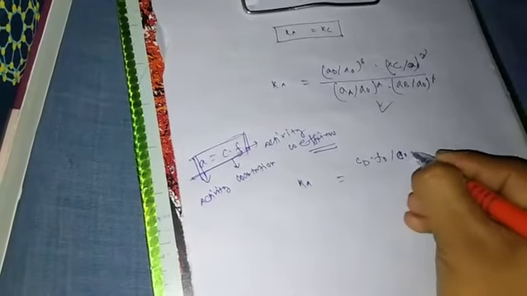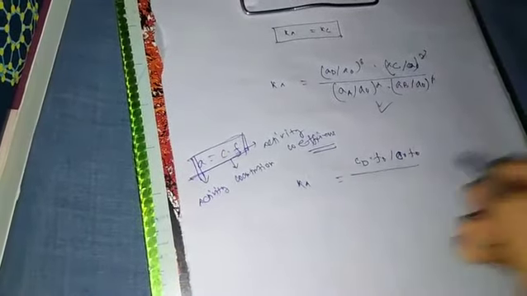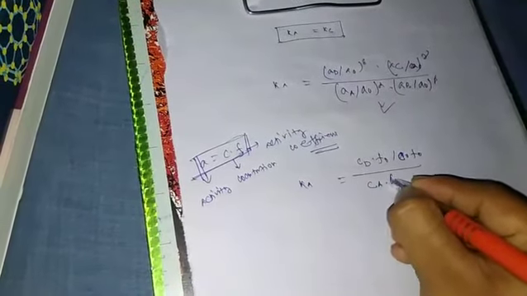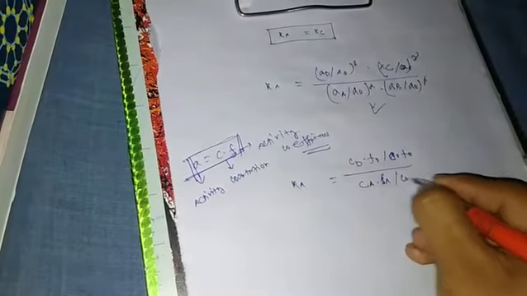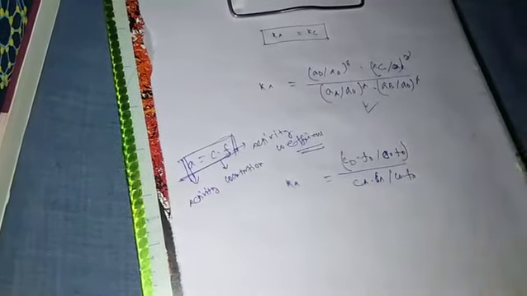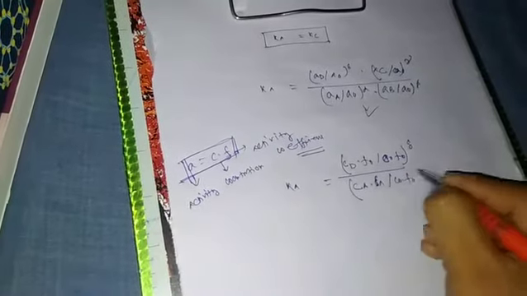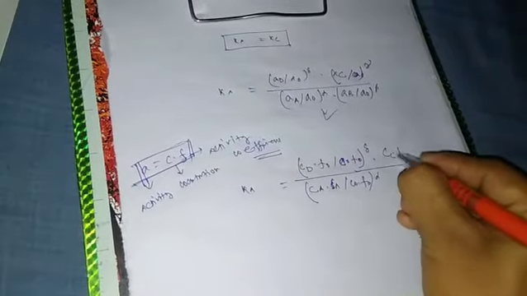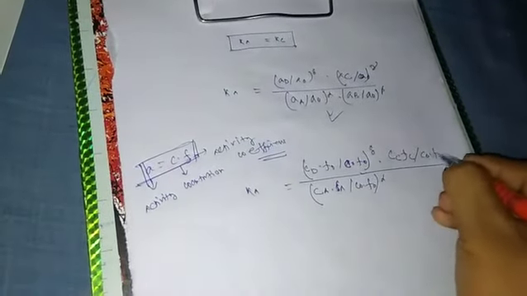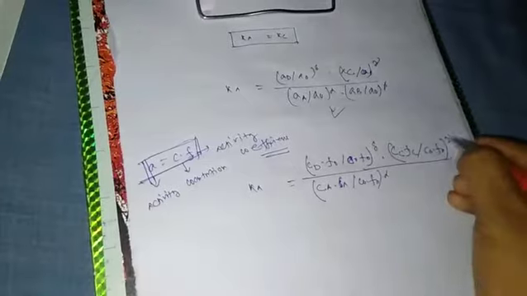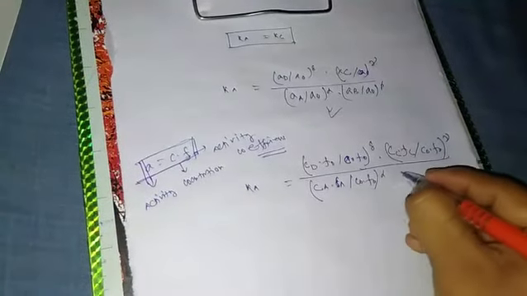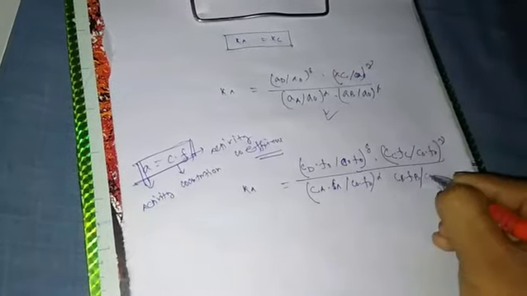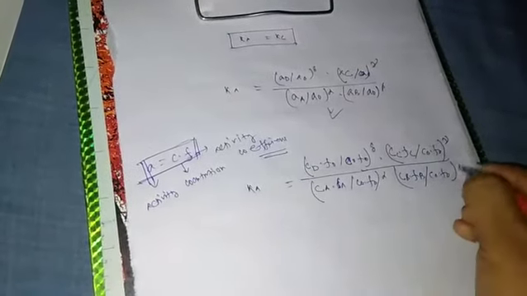So this is C0 into F0, and this is CA into FA, and this is C0 into F0, the whole to the power delta, alpha into CC into FC divided by C0 F0, gamma into CB FB divided by C0 F0, whole to the power beta.